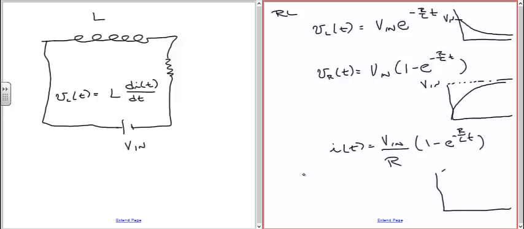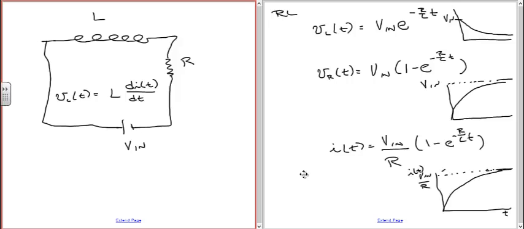So if I plotted current as a function of time, it would look just like the same shape, except instead of approaching the input voltage, here it approaches the input voltage divided by the resistance, which is the steady state current. It'd be the same current that goes through this resistor.